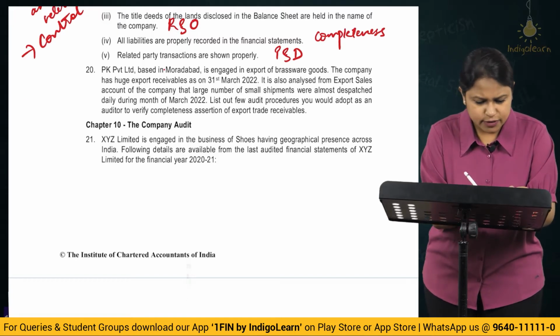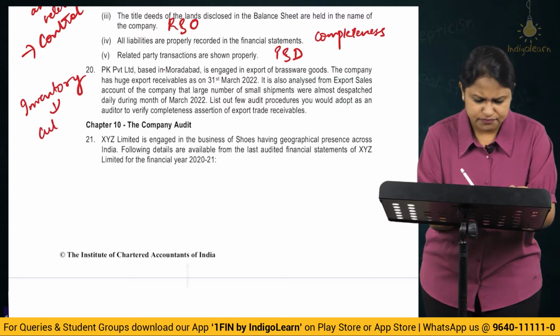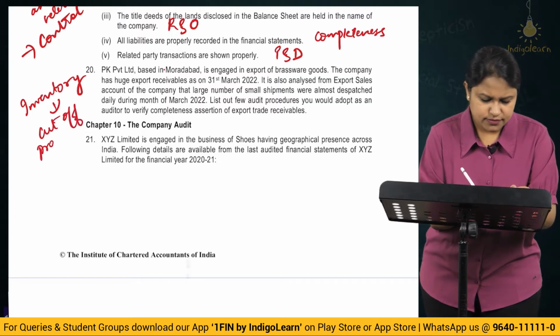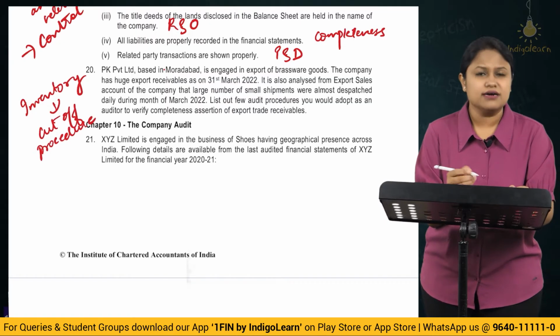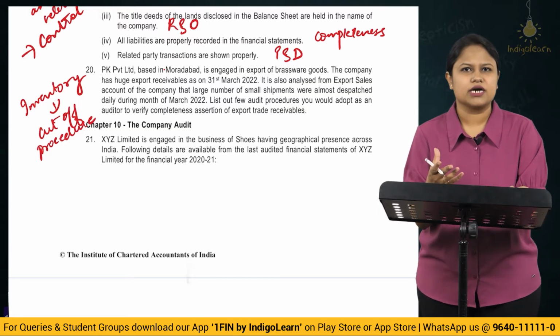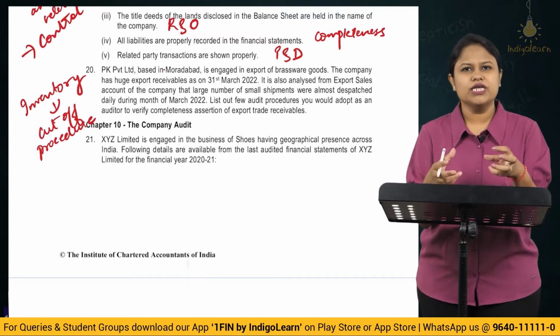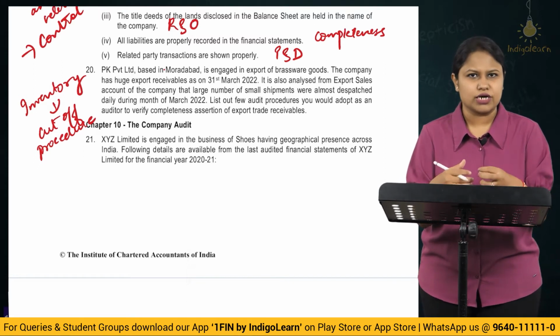So basically here it is about inventory. So your question has to be focused on cutoff. Okay, so that means what belongs to this year should be taken into account, and what does not belong to the year should not be taken into account. So there has to be proper analysis of the cutoff procedures, so that only what belongs to this particular period is taken into account.